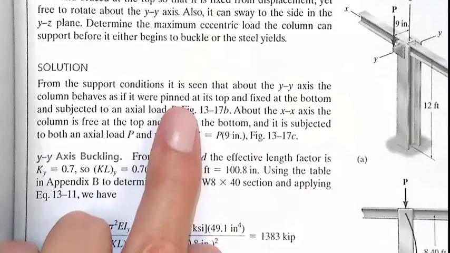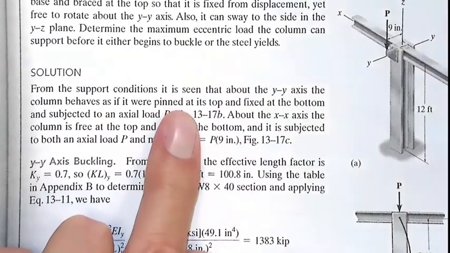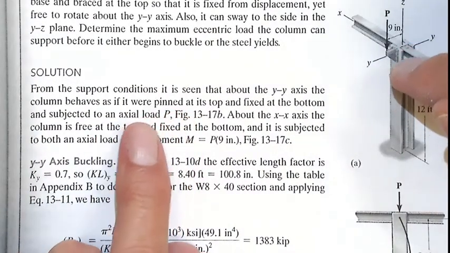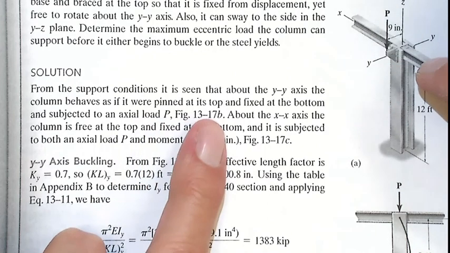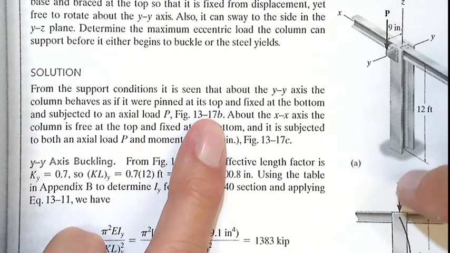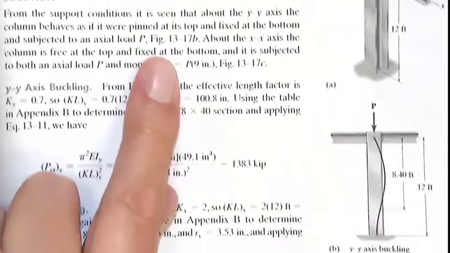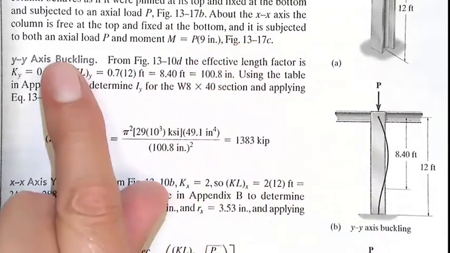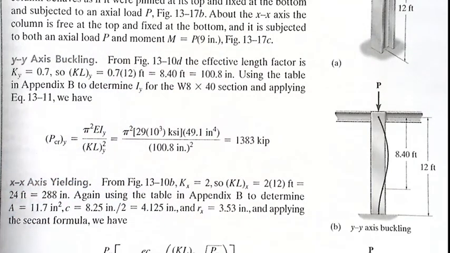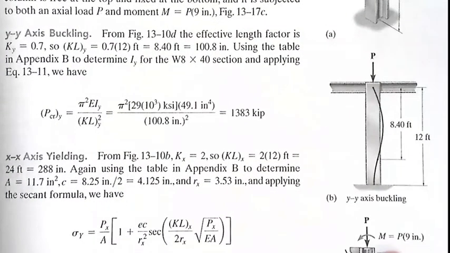From the support condition, it is seen that about the y-axis, the column behaves as if pinned on the top and fixed on the bottom. So it's simply supported here and fixed on the bottom, subjected to axial load P. About the x-axis, the column is free at the top and fixed at the bottom and is subjected to both axial load and moment, P times e.